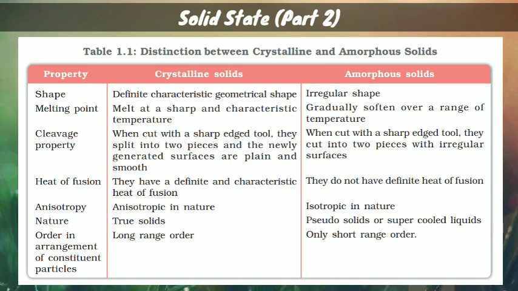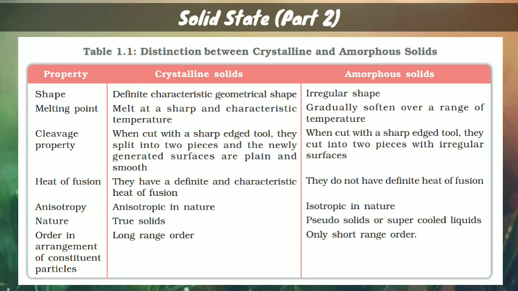And the next one is we can cut a crystalline solid with a sharp edge tool, okay. They split into two pieces and the newly generated surfaces are plain and smooth.